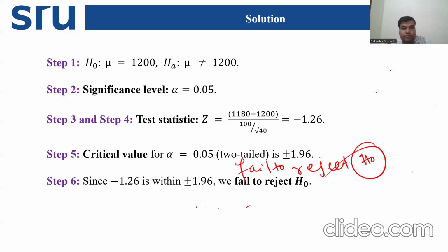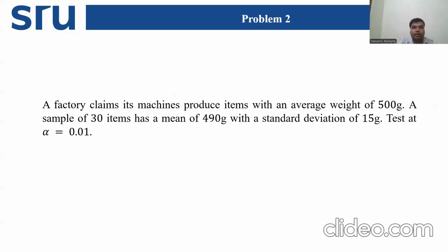Okay, so this is the problem. Now, this is very important. The second problem: a factory claims its machines produce items with an average weight of 500 grams. A sample of 30 items has a mean of 490 grams with a standard deviation of 15 grams.